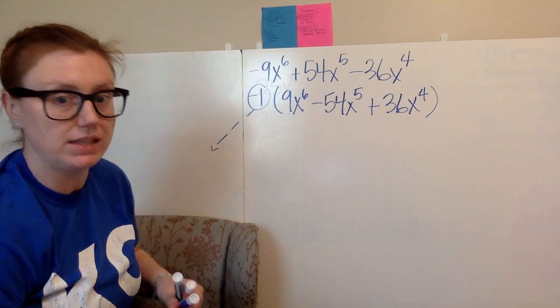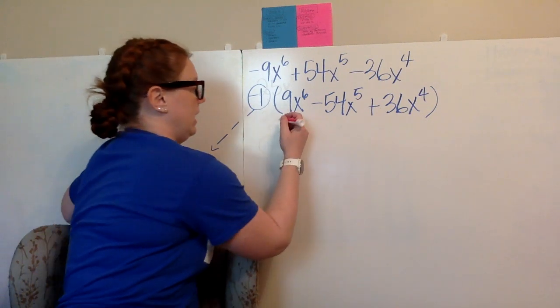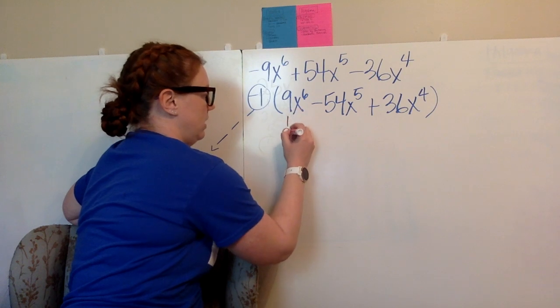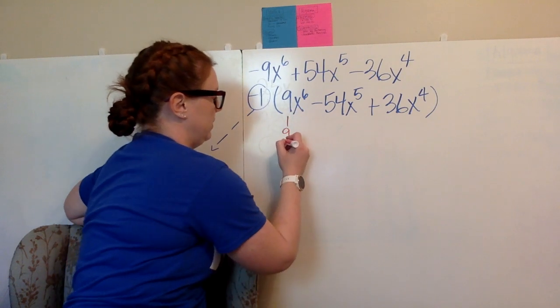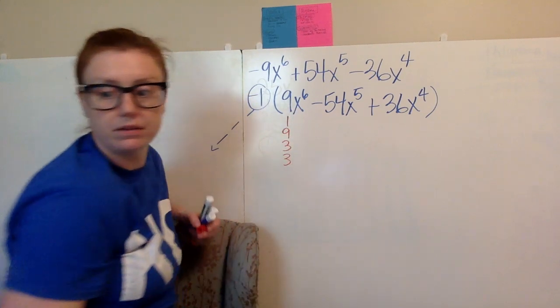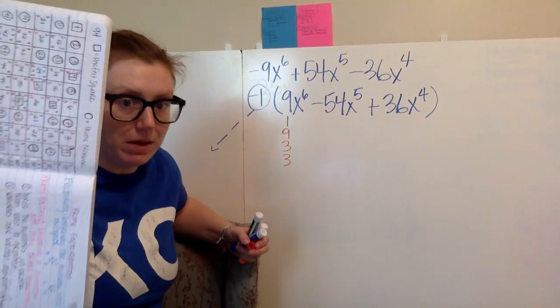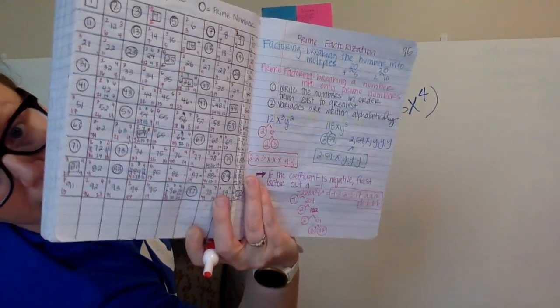Now I'm going to list my factors and look to see what they all have in common. So 9 can be 1 and 9. It can also be 3 and 3. And if you don't remember, we wrote down factor squares.